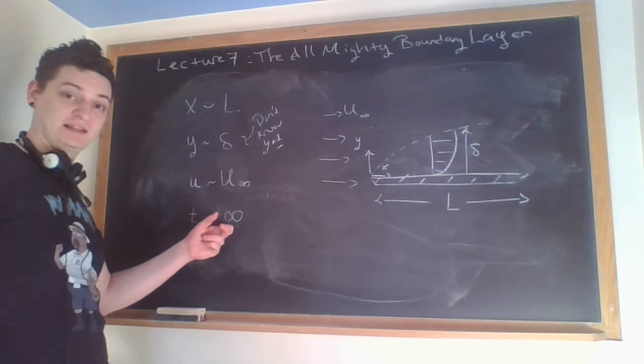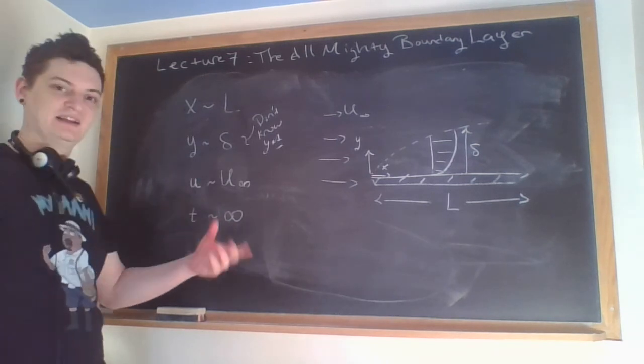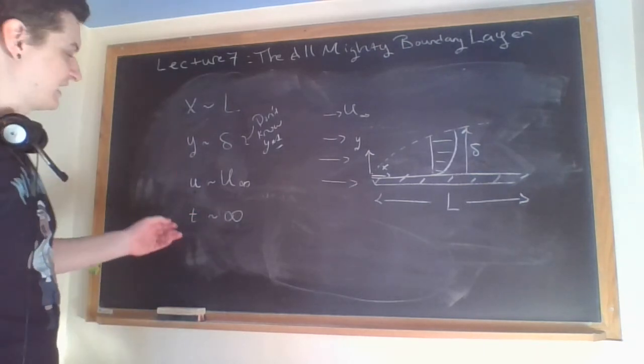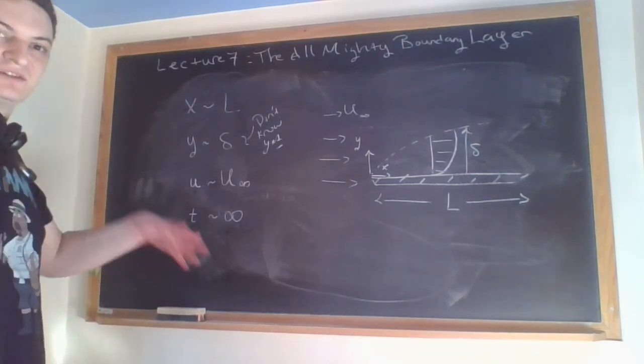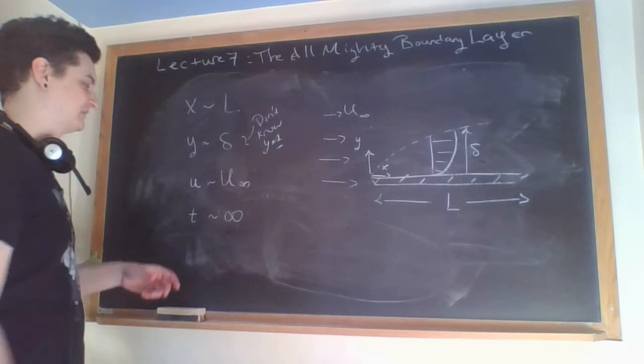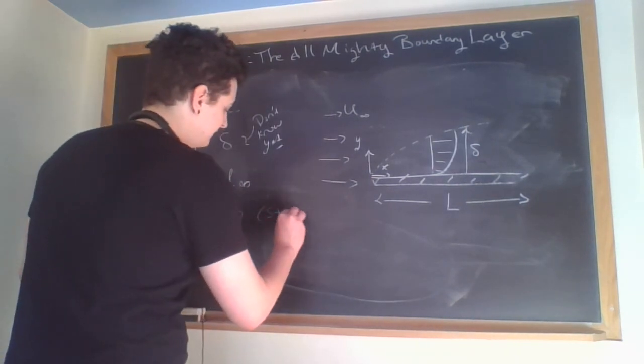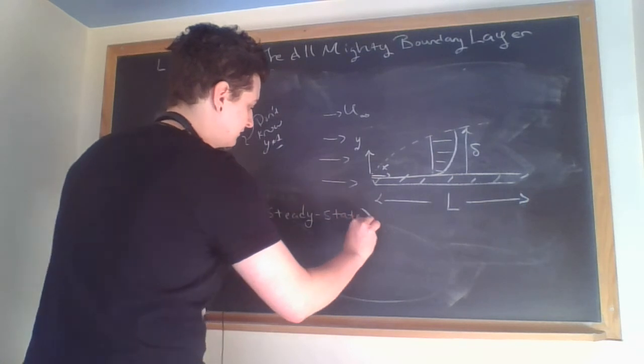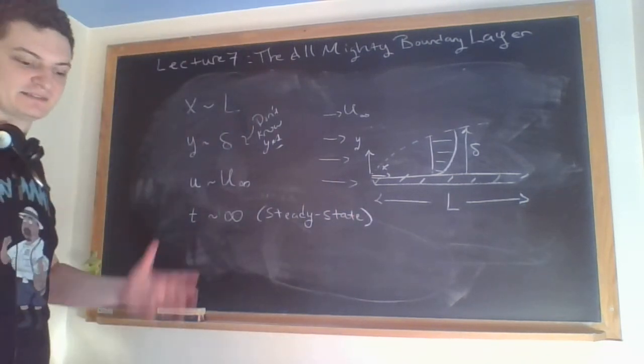So you can actually plug these scales in to non-dimensionalize your equations. You'd have 1 over infinity for all the time parts that just die off. I have an example to show you how you can do a lot of reasoning just through scales, because this is just steady state, saying that the time scale is infinity.